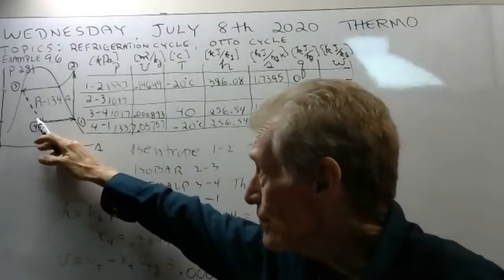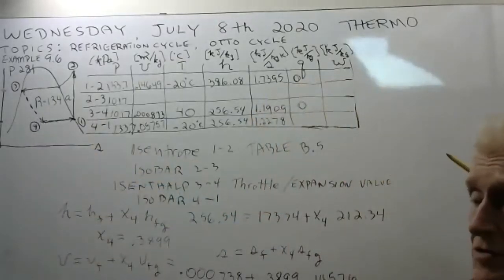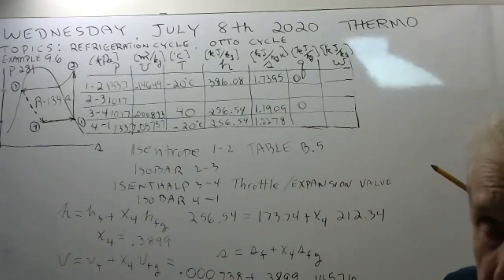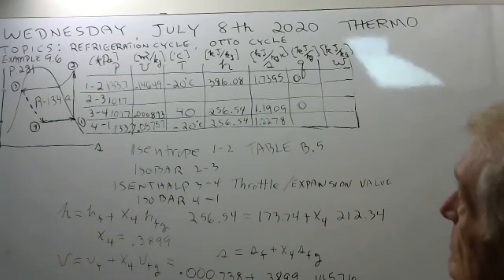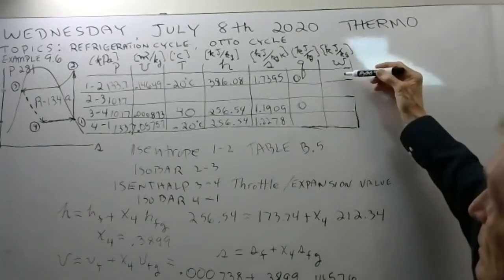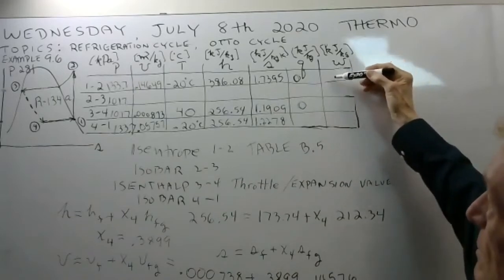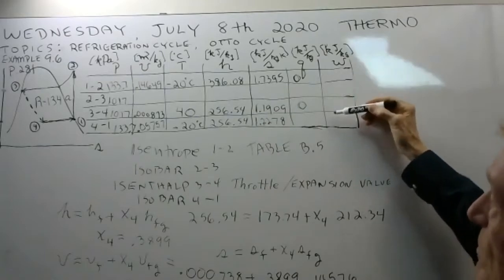Because see, 3 to 4 is a throttle, and throttles don't have any heat transfer. No heat transfer. Now, a couple of these work per mass, a couple of these are 0.